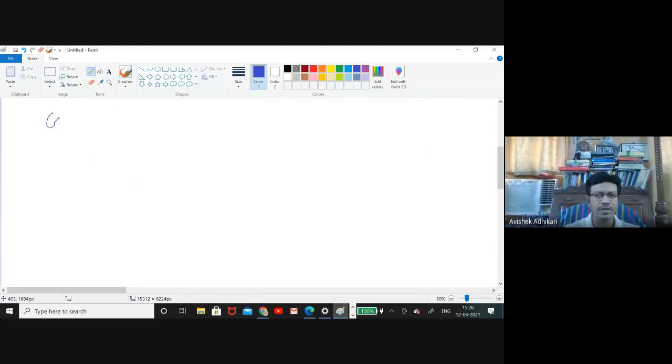I started with the definition of a group. I said that (G, dot) is said to be a group where G is a non-empty set and the composition is a binary operation satisfying a few properties. What are the properties?